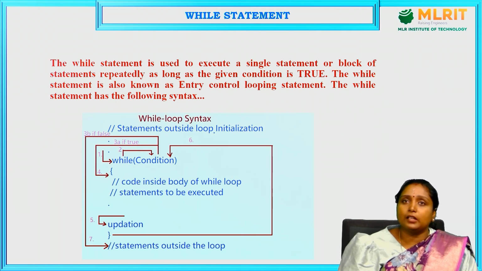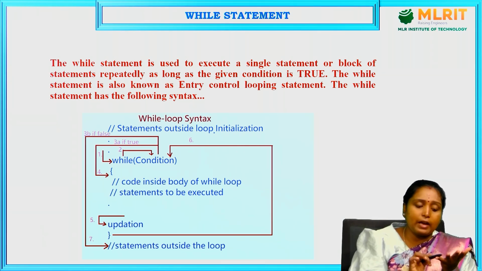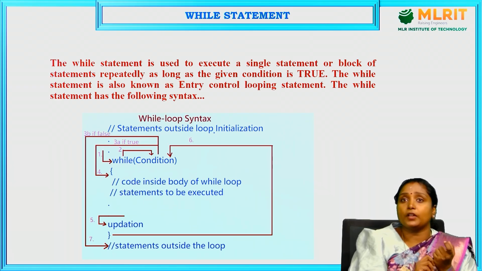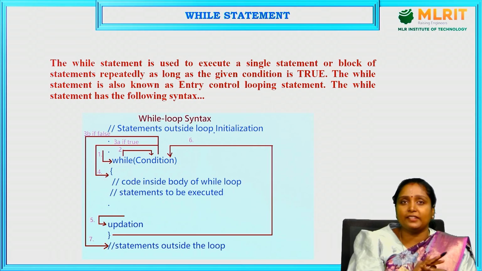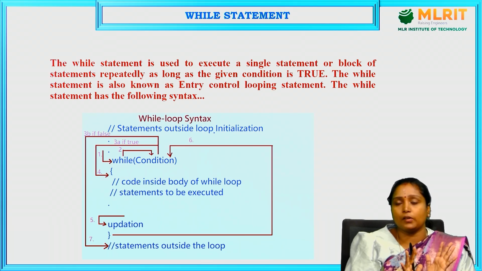Coming to the while statement, do while statement, or the for statement, the task of these three loops will be the same. The task of these loops is to repeat the statements until the condition becomes false.